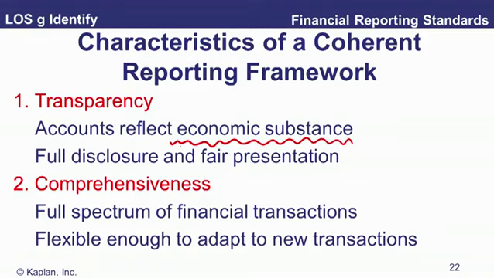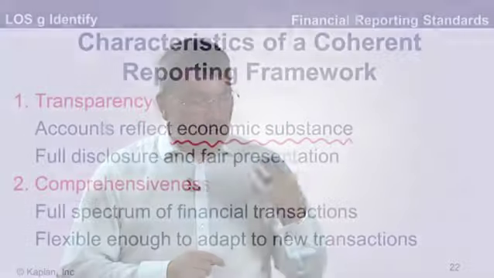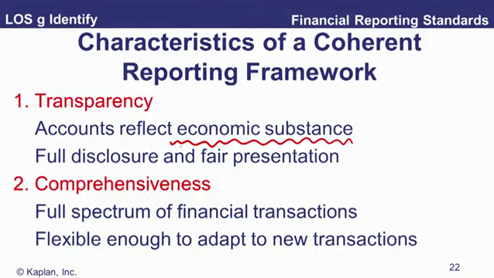Full disclosure and fair presentation. So enough information to understand, number one, how it's been accounted for, but number two, understand the economic substance behind that transaction. Comprehensiveness, well again, we've kind of mentioned this before, needs to cover all financial transactions. So all transactions with the firm need to be included in the accounts.